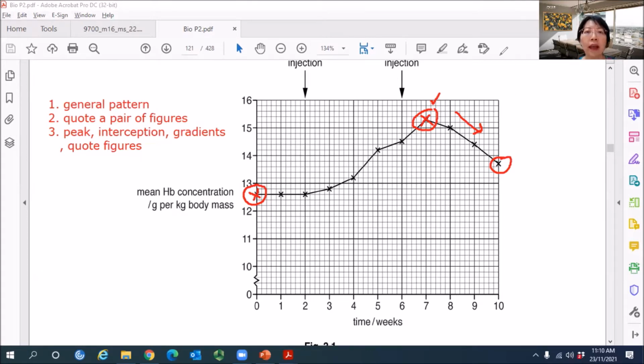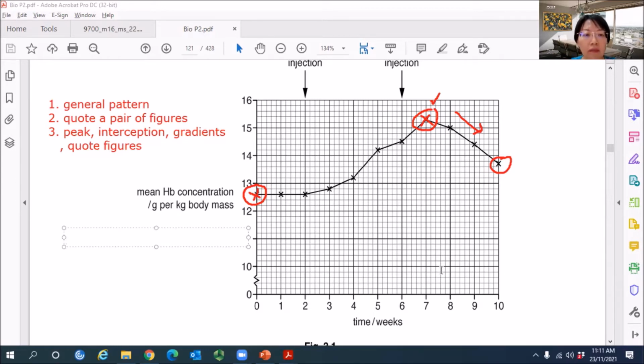General pattern, can you all tell me what is general pattern? Tan Yun Yung? The curve increase then decrease. So that means general pattern is... so what is the curve?